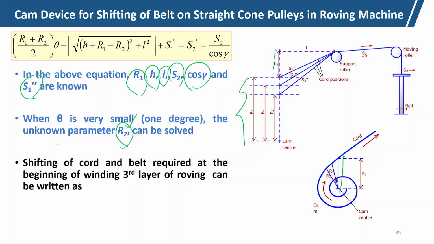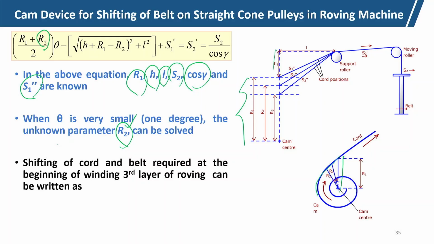So, we need to know the shifting. So, for that we have to define the cone profile, so that is a cam profile. So, that is why R2 is unknown for that theta degree.